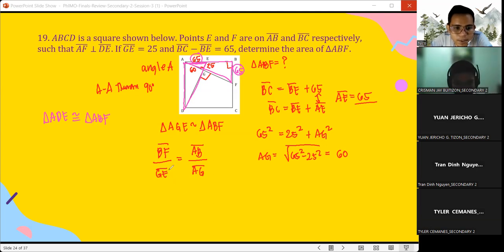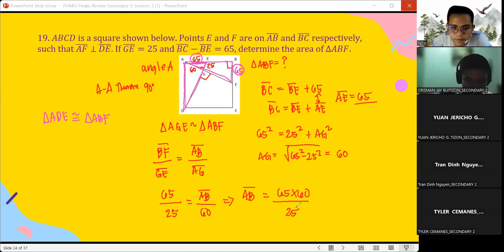So this part here, the value for BF is 65, GE is 25. Then the AB we don't know. Then the AG, where is AG? 60, no? So that is AB equals 65 times 60 divided by 25. So AB here is equal to 156.